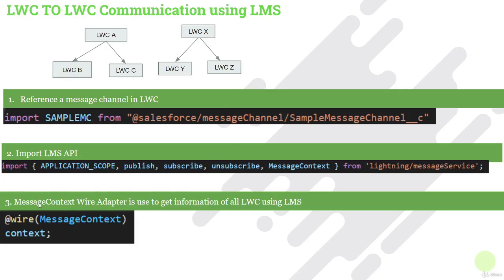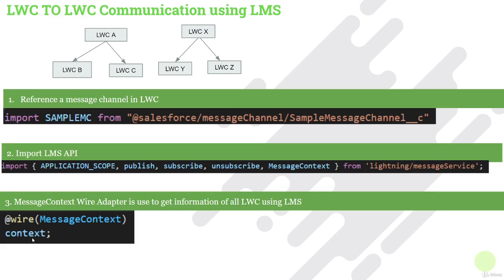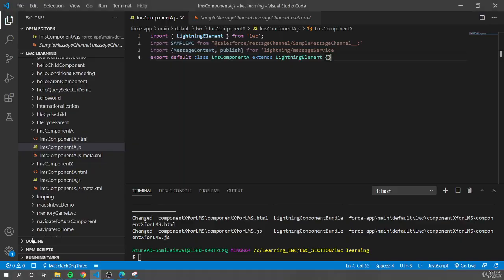The next step is that the message context wire adapter is used to get information of all LWC using LMS. We're gonna use this adapter that we have imported from Lightning Message Service, this message context, and pass it to the wire service. It will return an object that gives information of all the Lightning Web Components that are using the message service. So let's call this wire adapter.